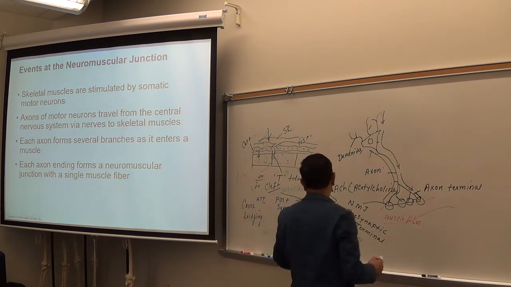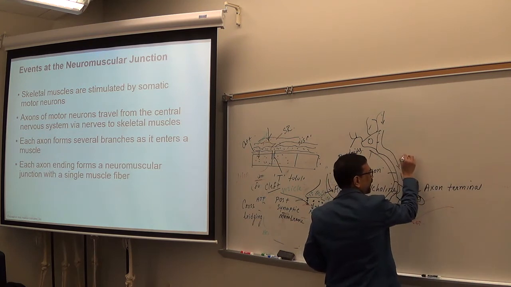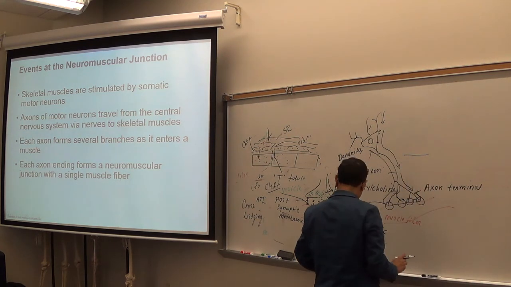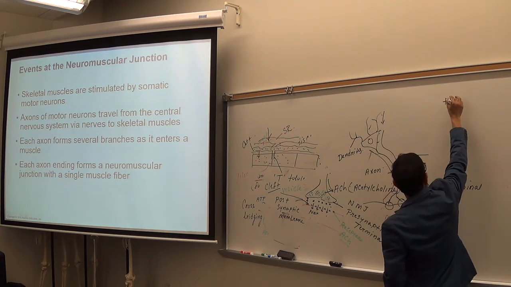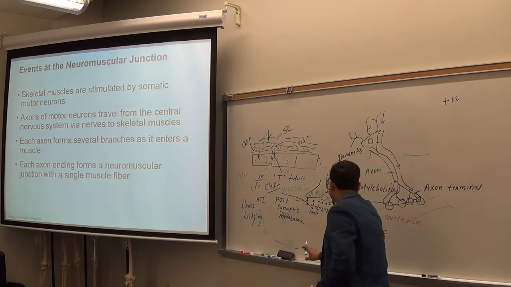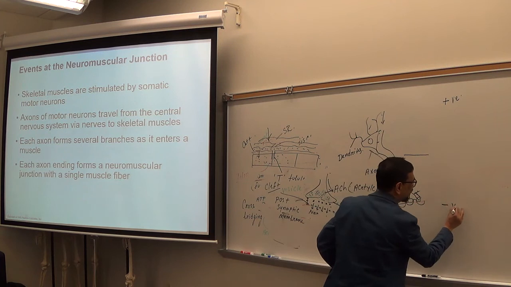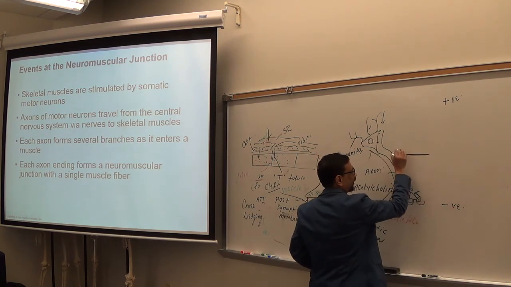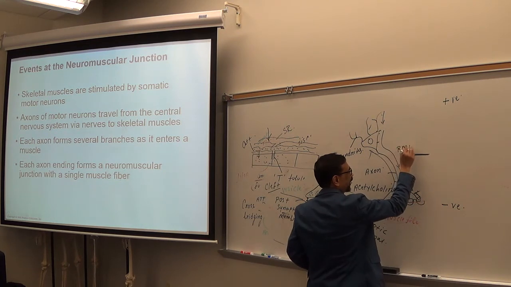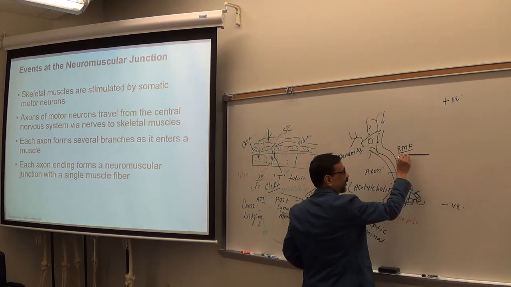Okay. So now let's see. If I draw a line, and this way, if I move up, that is towards positive, and this way is negative. Okay? And this is called resting membrane potential, RMP. It is stable here, not moving.